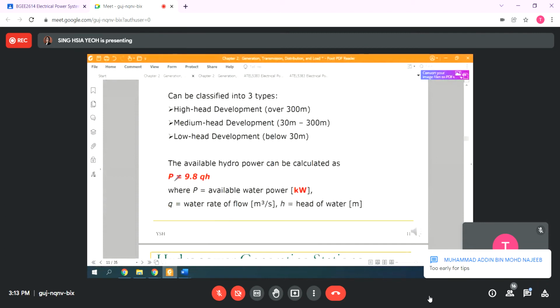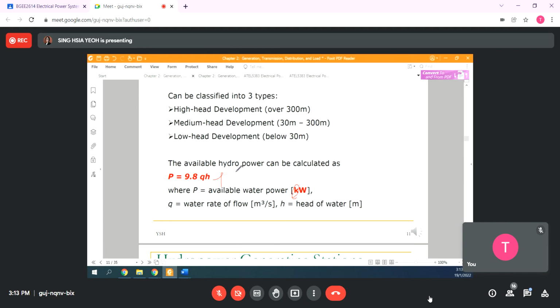So there is a formula, which I already mentioned in the video. It's 9.8QH, and when you get the answer, your unit is already in kilowatts, because this is a shortcut formula. The original formula has rho, the water density, which is 1000, and that is represented by this K. So you see only 9.8QH, where Q is the water flow rate and H is the head of water.